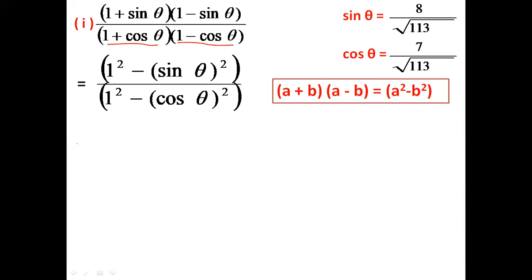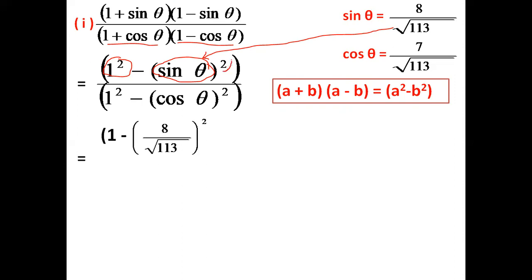Now, next step, 1 square means 1, minus, now you substitute the sin theta value here. What is the sin theta value we got? 8 by under root 113. In place of sin theta, you have to write 8 by under root 113, all square.